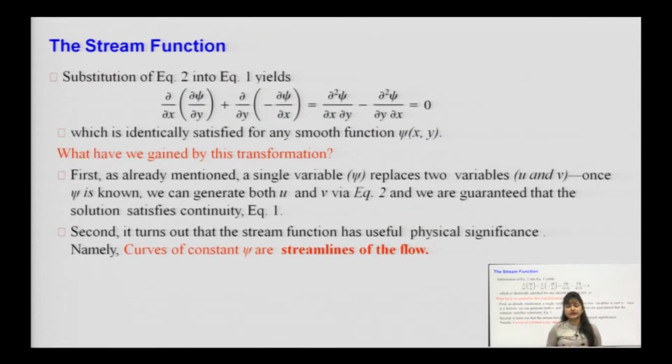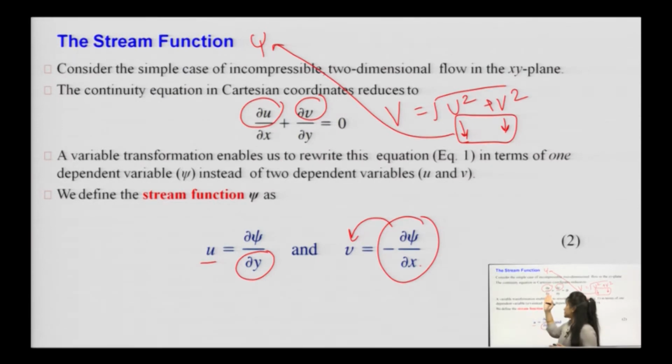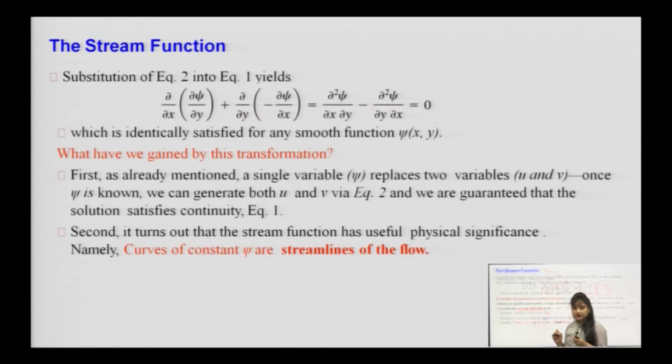Now, you can see previously this was the continuity equation for 2D flow. From the stream function or psi definition, we have calculated u and v. So, we will substitute the value of the u velocity component in the x direction and the v velocity component in the y direction into the continuity equation for 2D, because if the stream function exists, then it should satisfy the continuity equation.